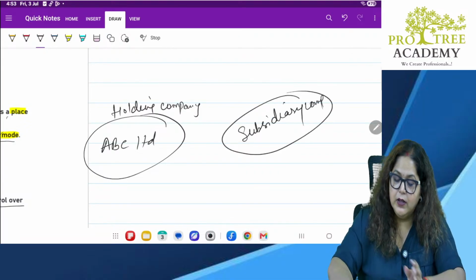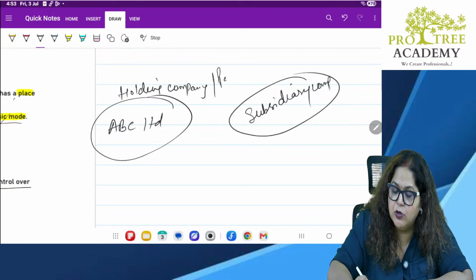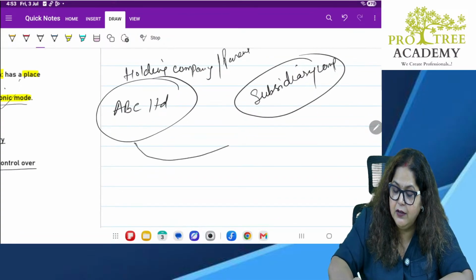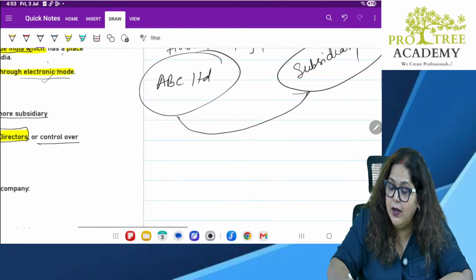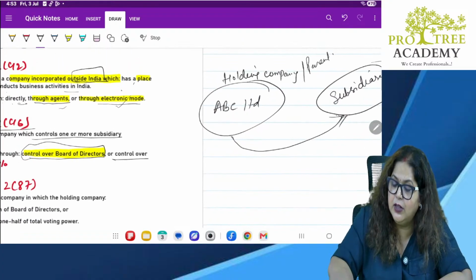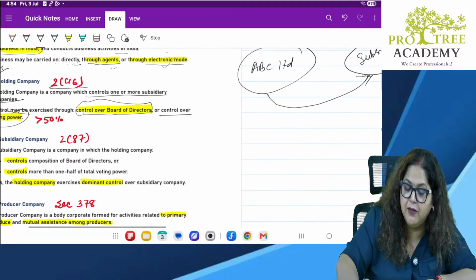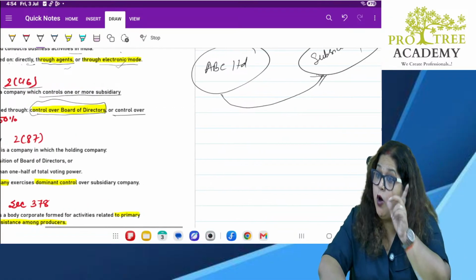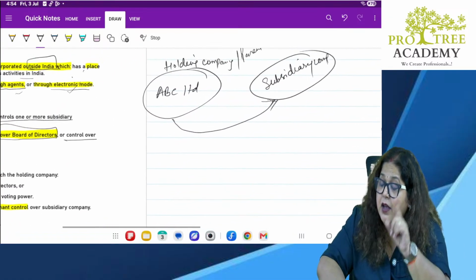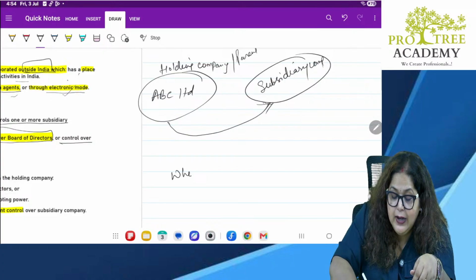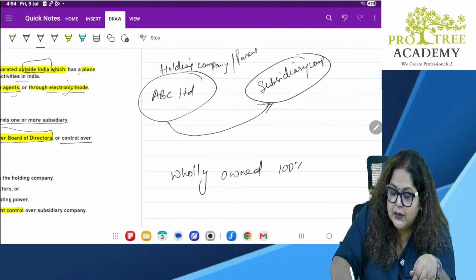This holding company, or parent company, has control over the management. The majority of decisions will be taken by the holding company, and if all decisions are taken by the holding company, then it is called wholly owned, guys. Wholly owned means 100% control.